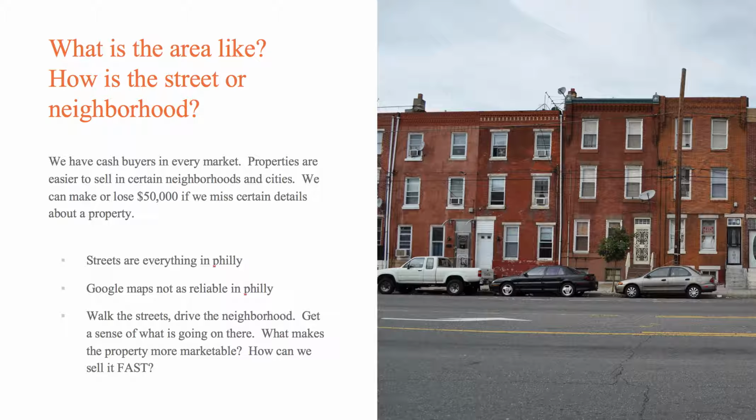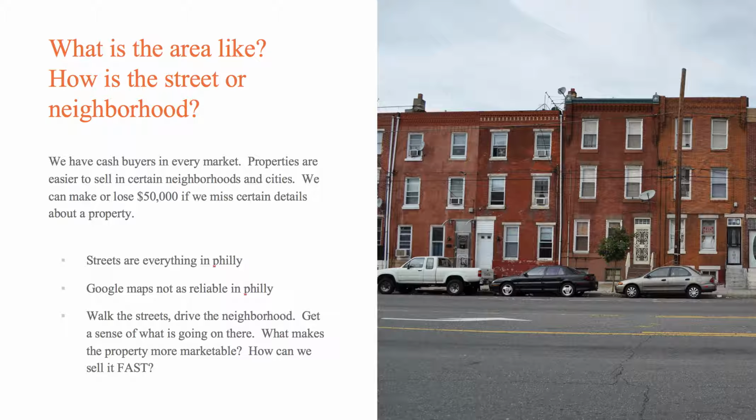Streets are everything in Philadelphia. Google Maps isn't as reliable in Philly because on a certain street you could have 10 renovations, 10 new constructions. And if the map was from 2015 or even 2016, you're not going to see what's actually going on on that street.